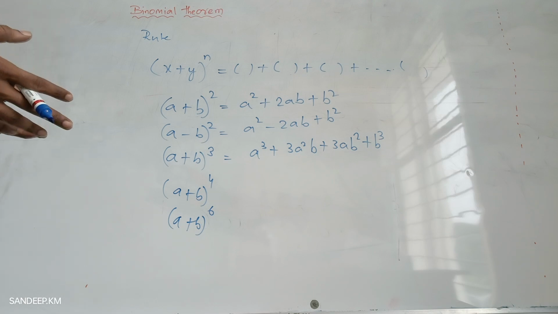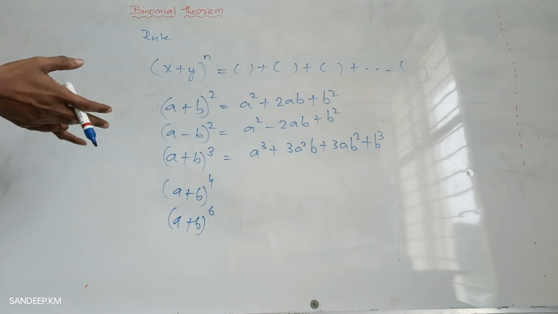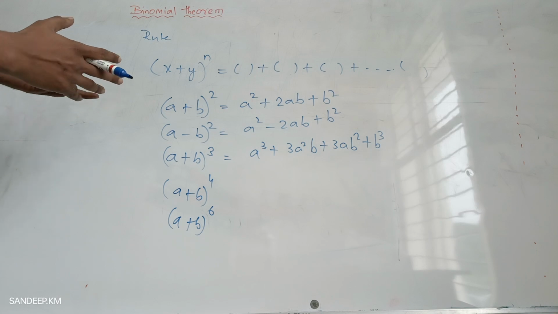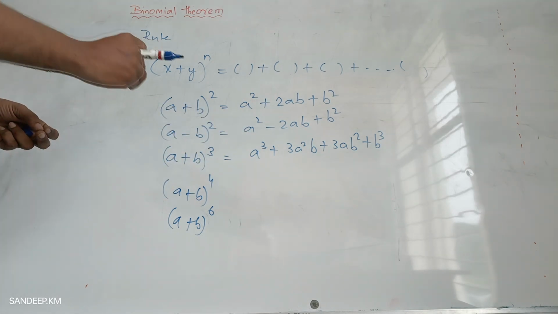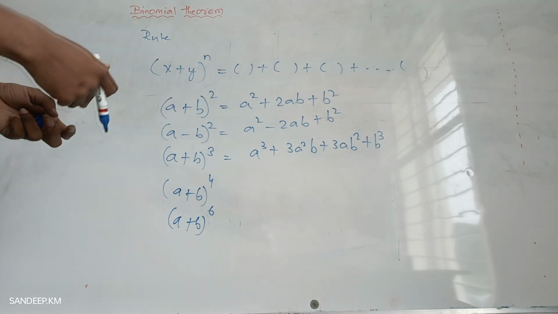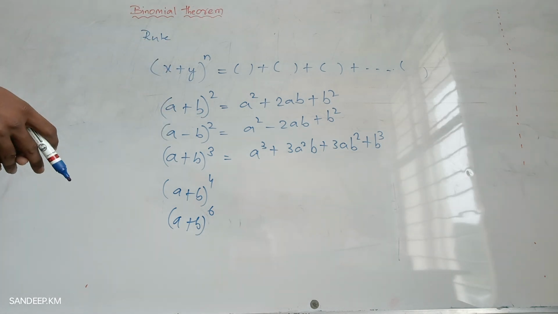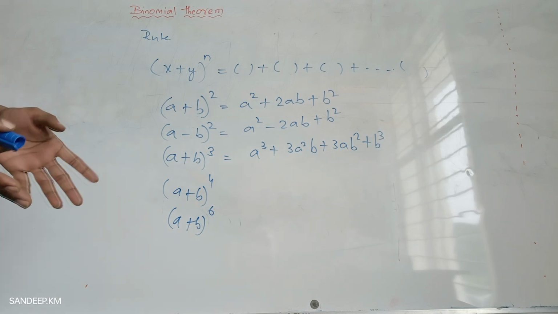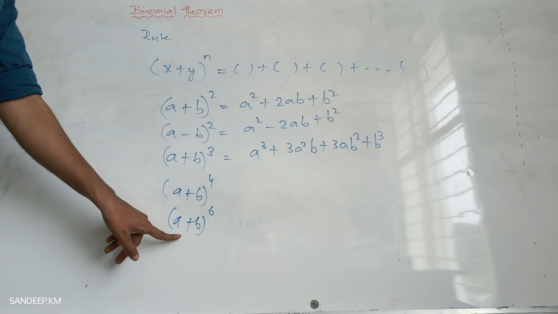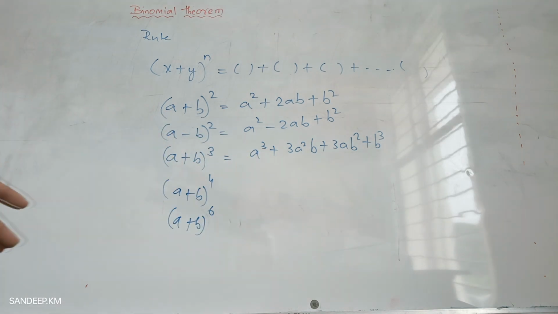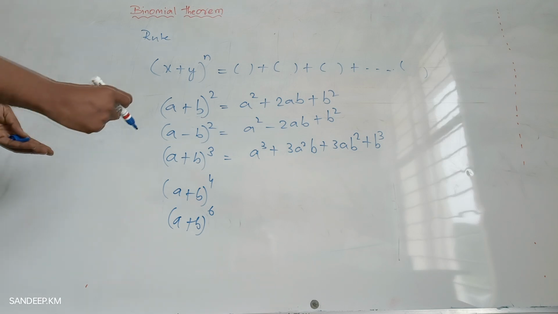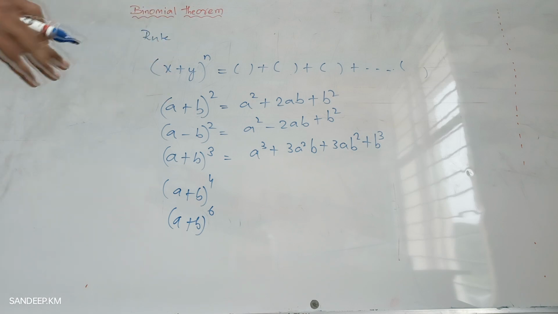So obviously binomial theorem will help us, it will explain how to write these kind of expansions easily without actually multiplying a plus b into a plus b into a plus b and so on, so many number of times. If you don't know binomial theorem, then to find this expansion you have to multiply a plus b into a plus b into a plus b and so on 6 times. It is a very lengthy process. But if you know binomial theorem, it is just in one step you can write the expansion.